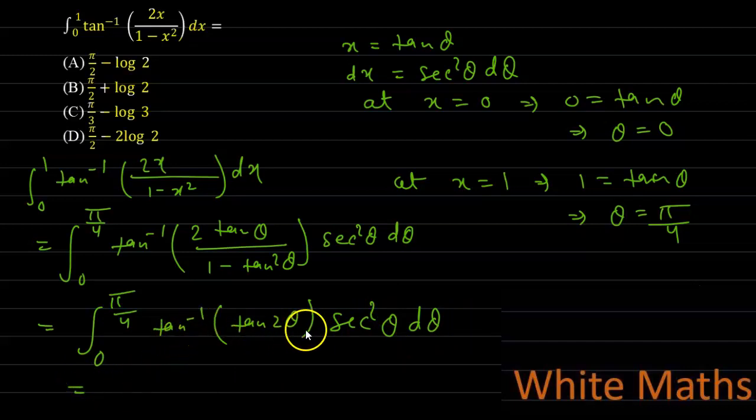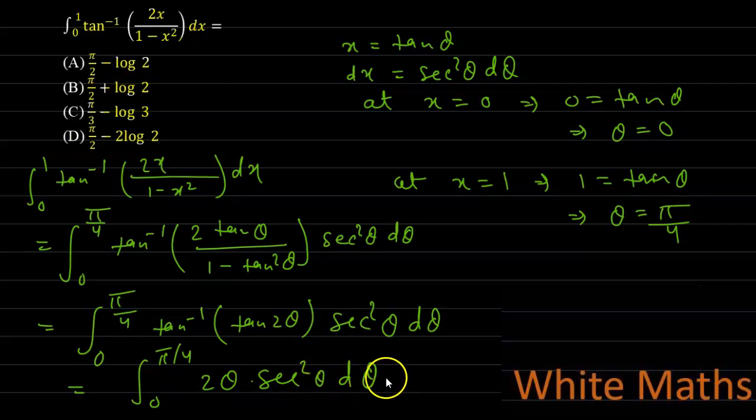Tan inverse tan 2 theta is equal to 2 theta. So this is limit 0 to pi by 4 2 theta sec square theta d theta.